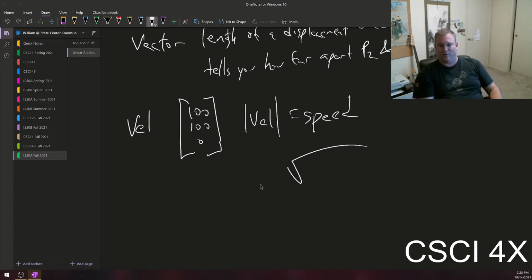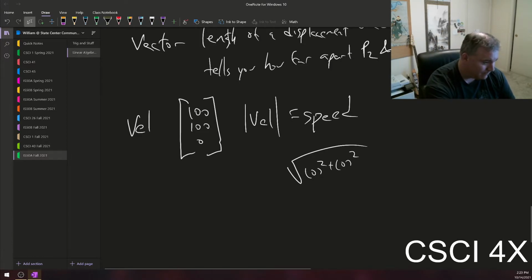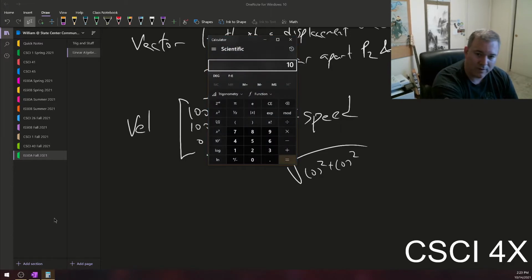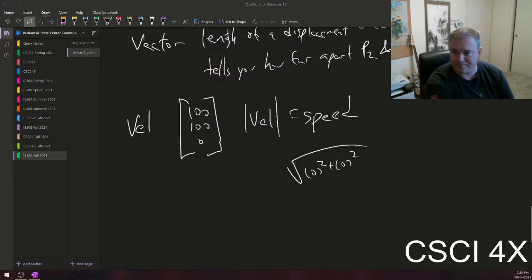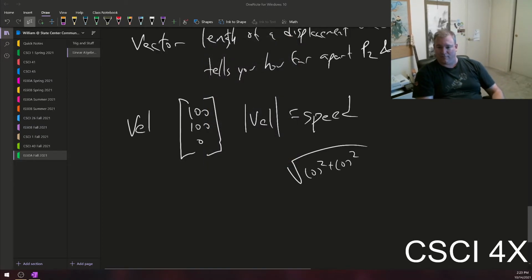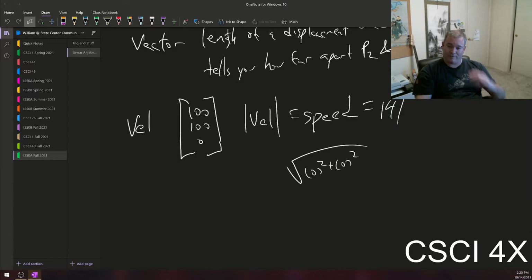And it is the square root of 100 squared plus 100 squared, which is calculator time. It should be 144, I think, if I'm doing the math right in my head. Let's just type it out. 100 squared plus 100 squared, square rooted, 141, sorry. So the speed is equal to 141. Make sense?